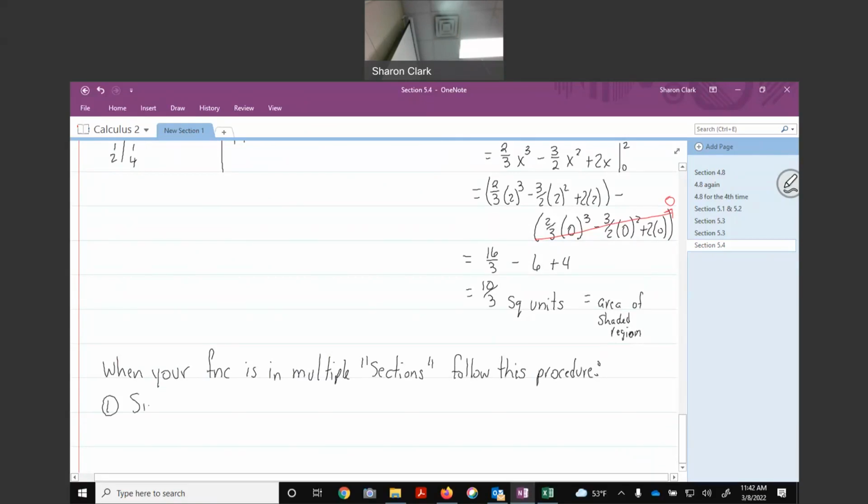One, subdivide AB at the zeros, or your x-intercepts of f, to integrate over each subinterval.